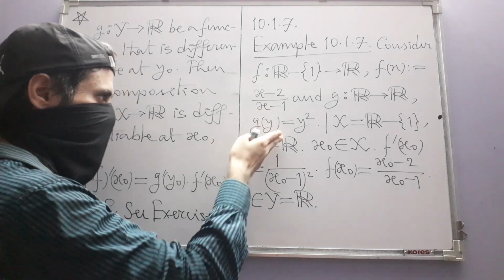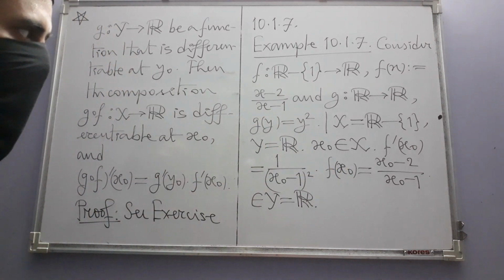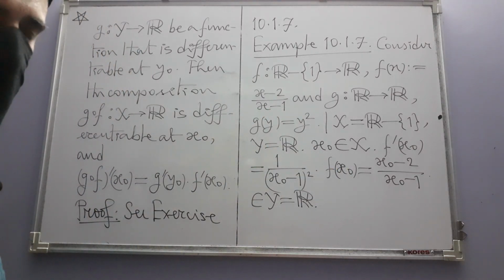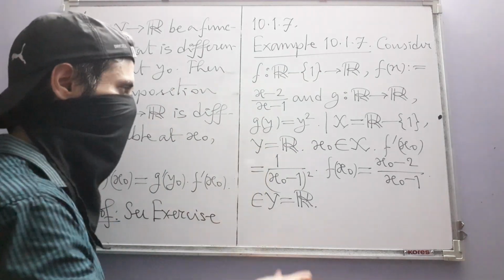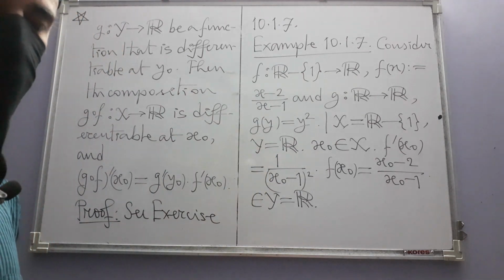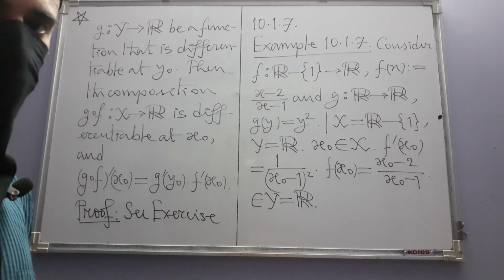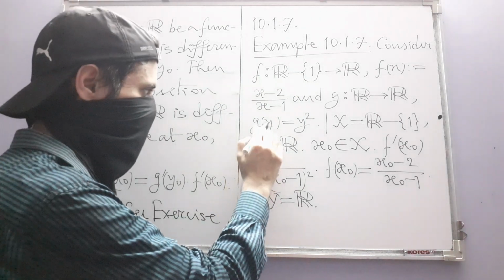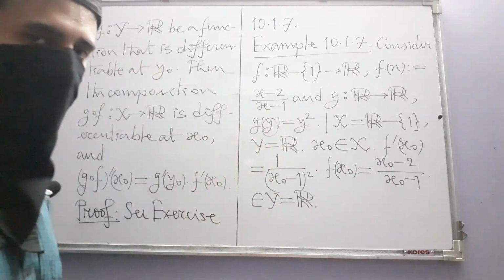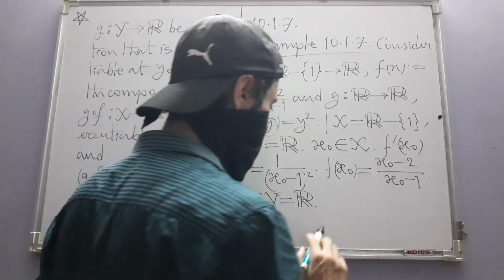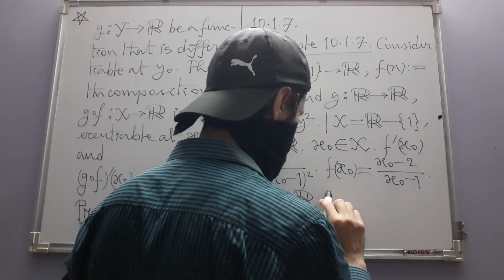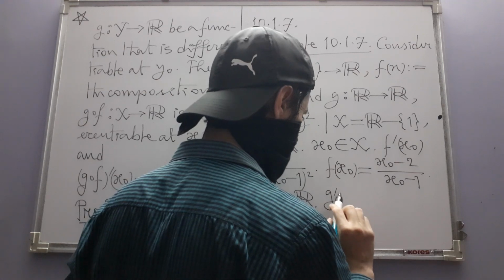Now, is the function g differentiable at this point? Yes, g is differentiable. In fact, g is differentiable at every real number, and its derivative is 2y. I mean, here we are calling the independent variable y, that's why. Okay, so g is also differentiable.